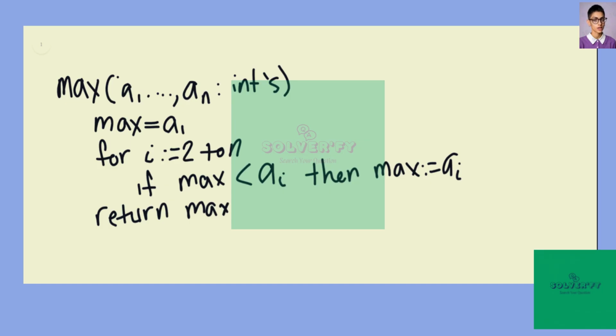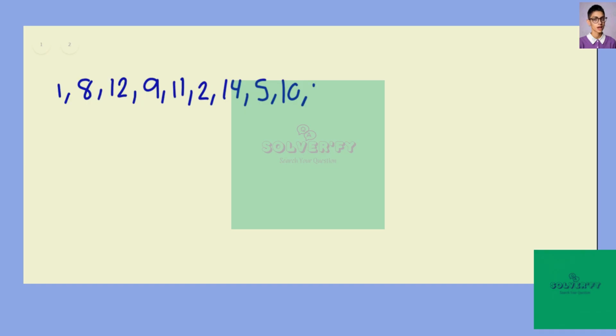Okay. So then for this problem, we are given a list. So our a1 through an is going to be the list 1, 8, 12, 9, 11, 2, 14, 5, 10, and then 4.